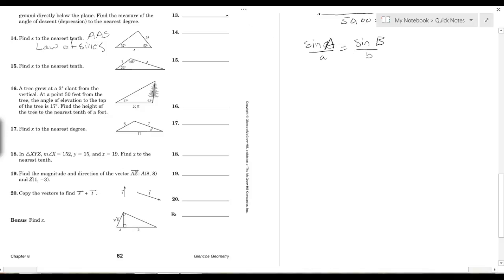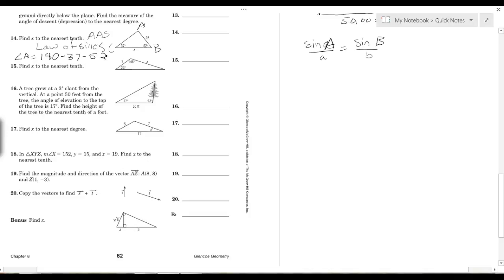So just to help me visualize things, I'm going to go ahead and label my triangle. I'm going to call this one A, this one B, and this one C. So the side that I have is little a. So that means I need to know big angle A. Well, the nice thing is they gave me the other 2 angles, like I said. So angle A is just going to equal 180, the total degrees in a triangle, minus 37, minus 52.